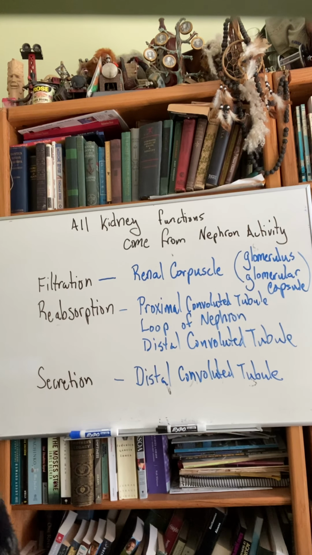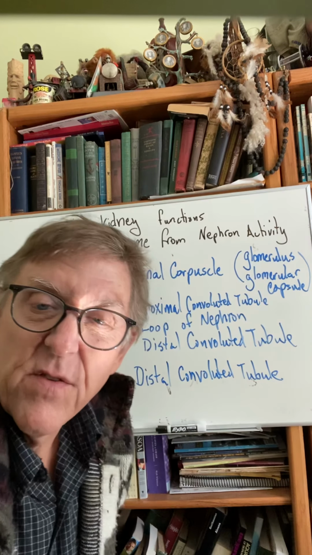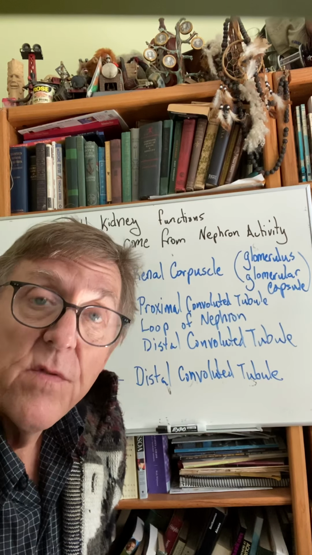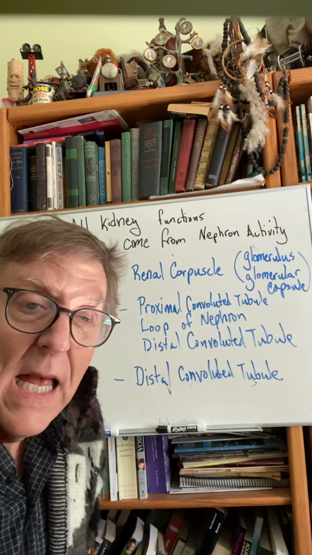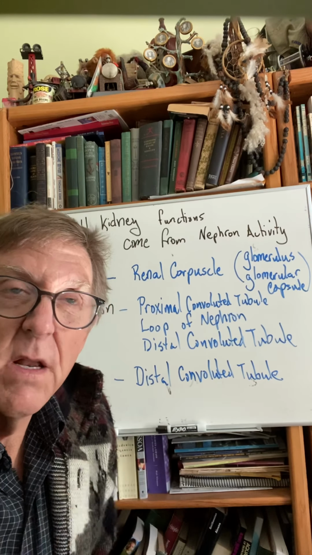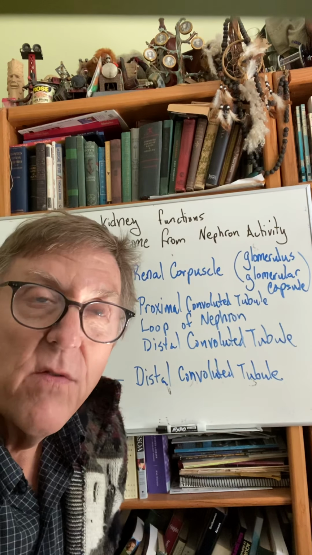All right, so we're going to pick up where we left off last time, talking about the functions of the urinary system. And we had said there's a lot of them: filtration of waste.